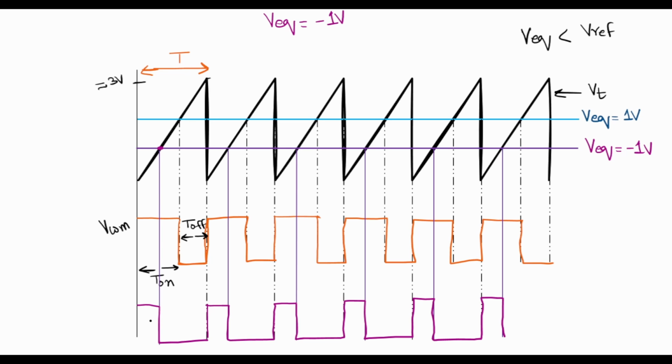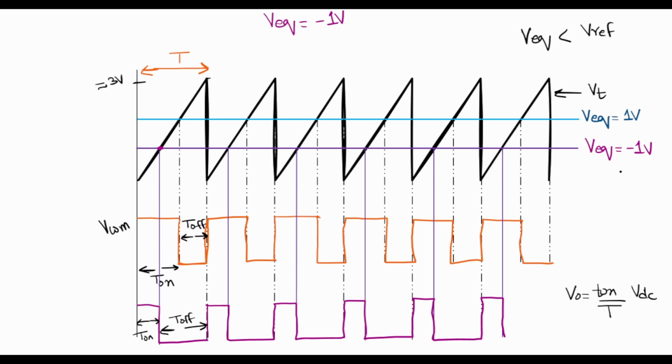Now you can see that T on of the pulse has shrunk quite a lot, and the T off duration of the pulse has increased considerably. So going back to our relationship of the output voltage, V naught is equal to T on over T multiplied by VDC.